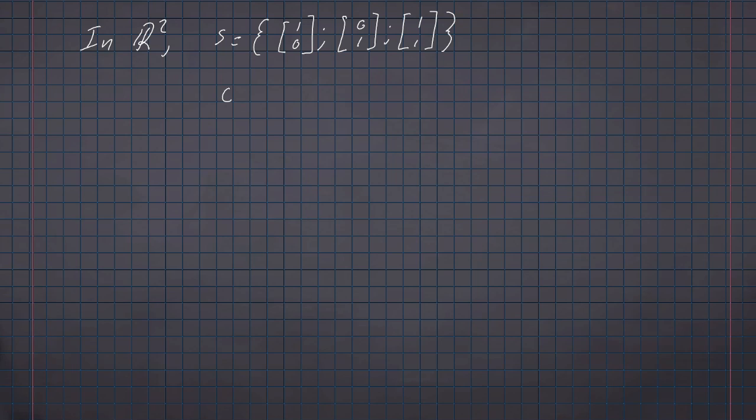And I do that by taking a linear combination, C1 times (1, 0), plus C2 times (0, 1), plus C3 times (1, 1), and set that equal to the 0 vector, (0, 0).